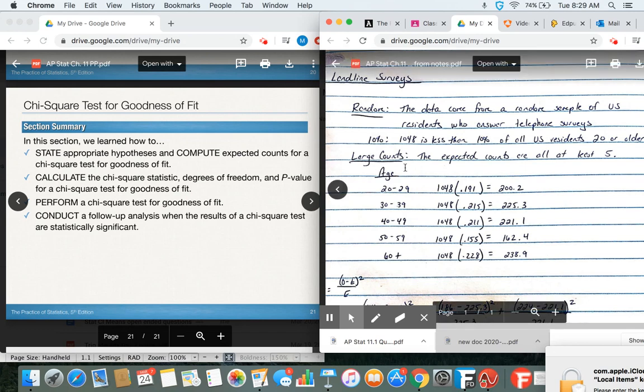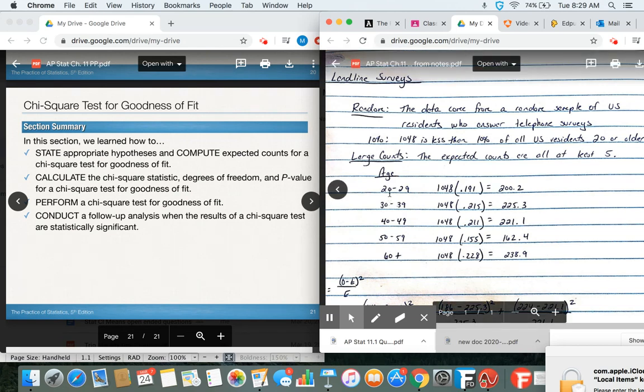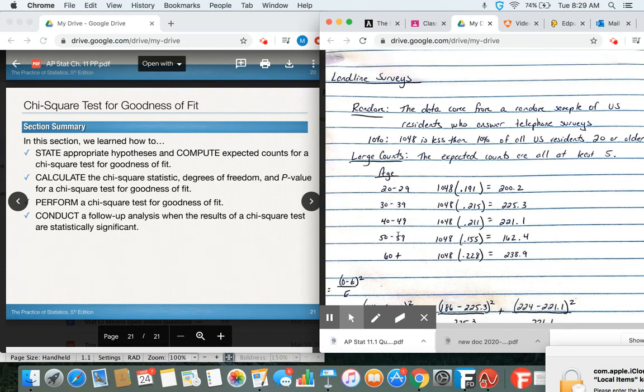And the thing with the large counts, okay, here they have all expected counts need to be at least 5. So you have to do a little math in this step or prior to it. You're going to have to take each age group, okay, and in the problem it identified the proportion that fell into that group. So 19.1% times the total sampled, we would expect 200.2 people, all right?